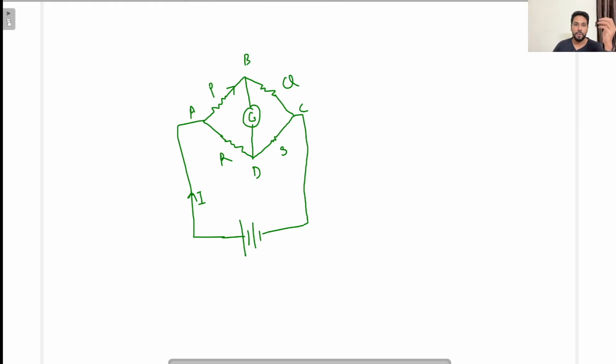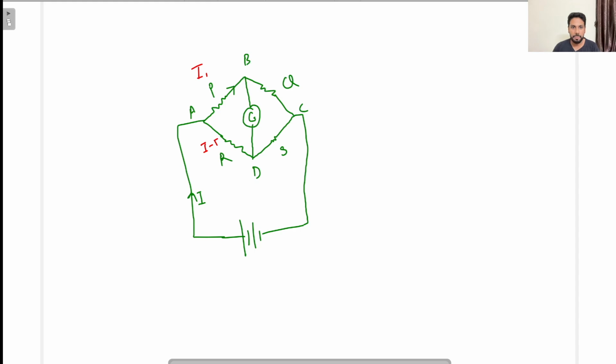Now look at what is going to happen. Let me show the current in red color. In this branch AB, current I1 is going to flow. In this branch AD, I'm going to have I minus I1, isn't it?